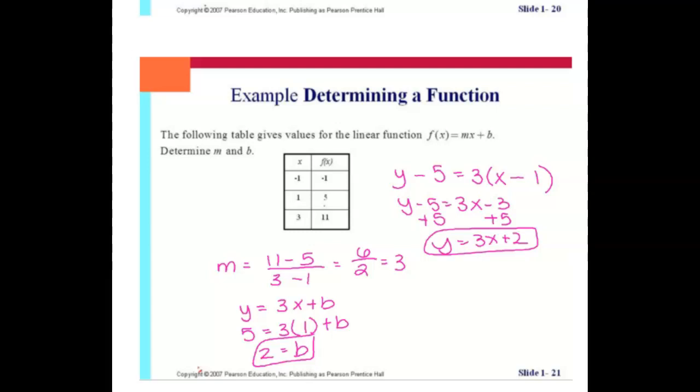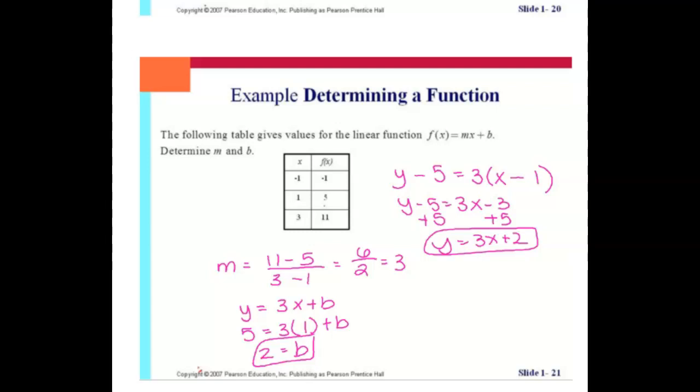All right, so you have 2 ways now once you find your slope. So we all got a slope of 3. You can now find the rest in 2 ways. You can plug into point slope form here and solve for y. You can also plug into y equals mx plus b, pick a point from your table, plug it in for y and x, and solve for b.